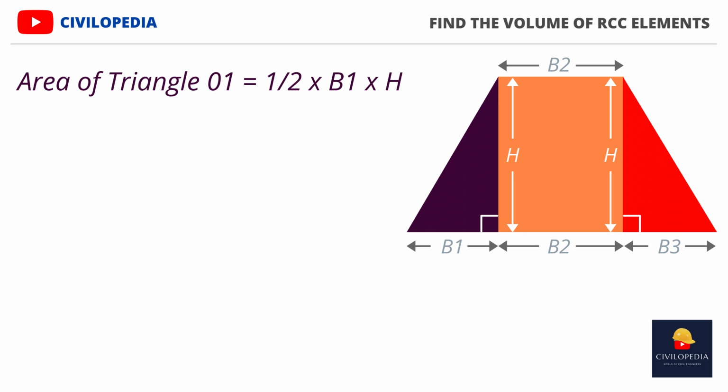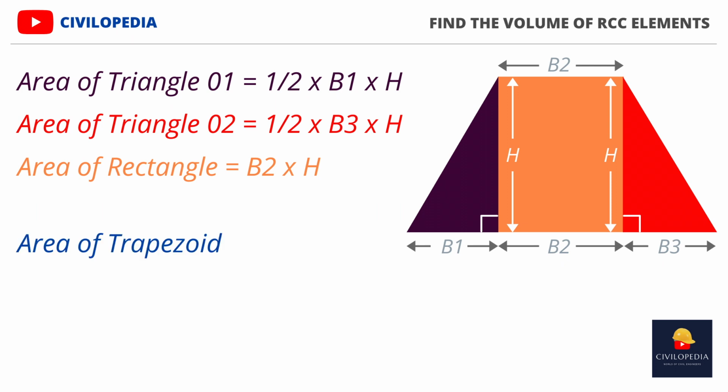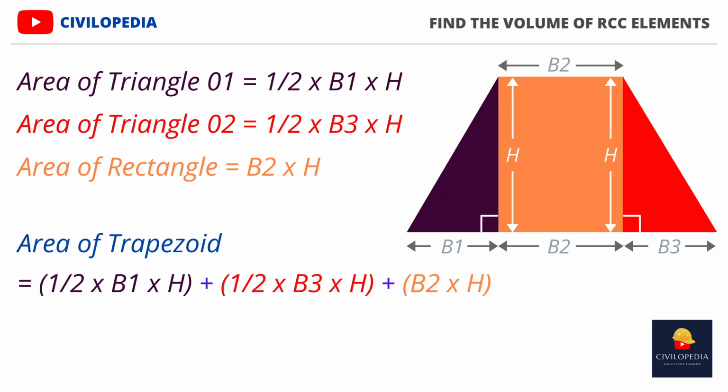So the area of triangle 1 is half into B1 into H, the area of triangle 2 is half into B3 into H, and the area of the rectangle is B2 into H. So the area of the trapezoid is, we need to add all the formulas together: half into B1 into H plus half into B3 into H plus B2 into H.